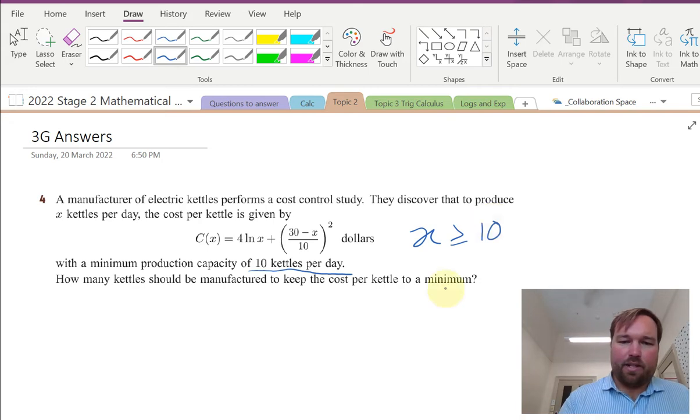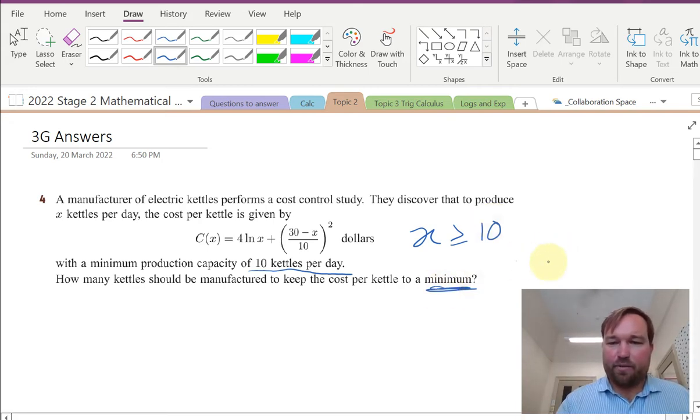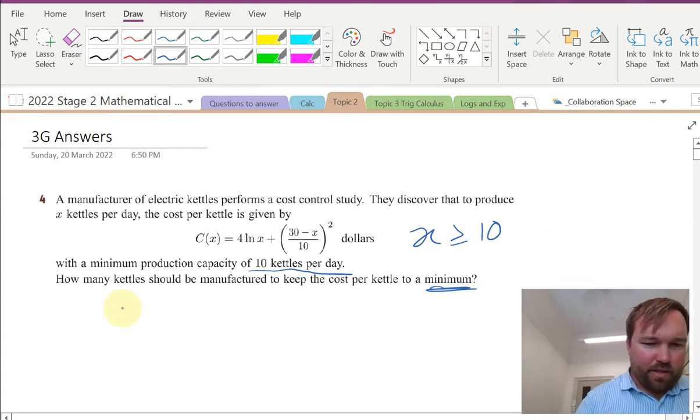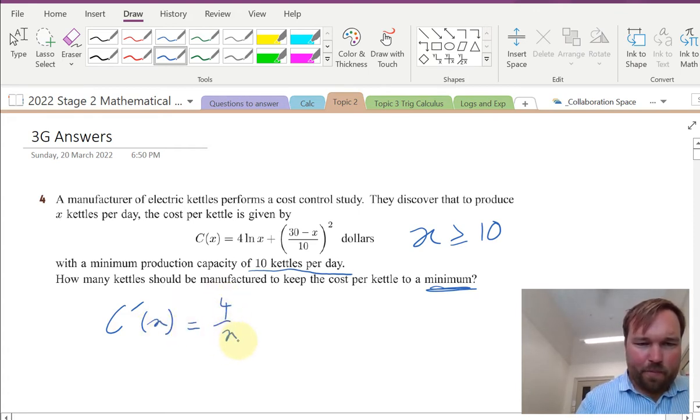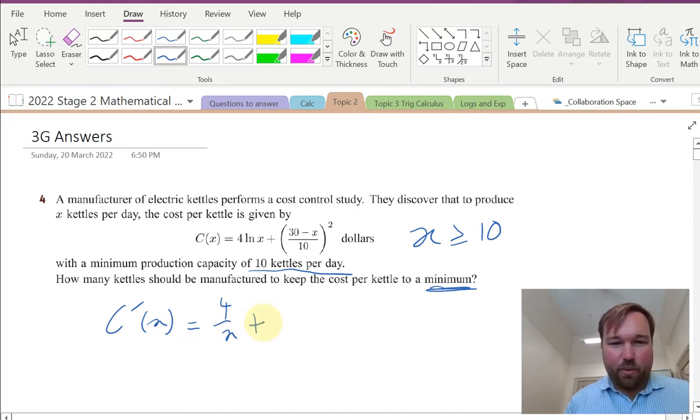Anytime we're thinking minimum, I need to find dy/dx or f'(x), and I want a negative-to-positive happening on the sign diagram. That's our aim: find where that negative-to-positive is so we get the minimum. So let's find C'(x). C'(x) is 4 on x plus... Now, frankly, I would probably expand this out.